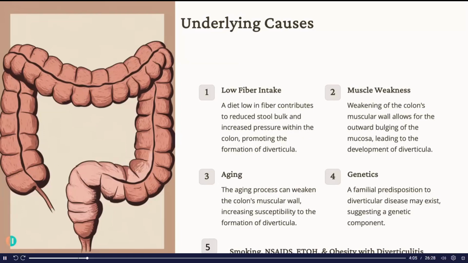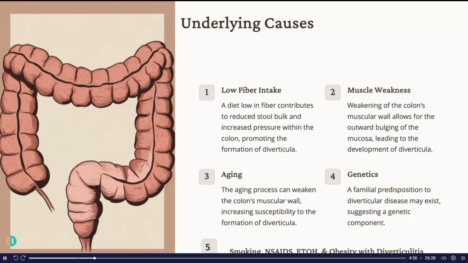Smoking reduces the tone and the nerve activity in the smooth muscle in the gut because of the nicotine. They find diverticulitis occurs at a younger age in smokers versus non-smokers. And with obesity, excess weight puts stress on the digestive system, and that increases pressure.